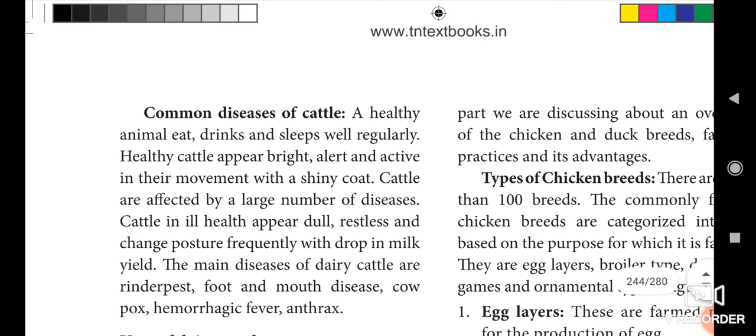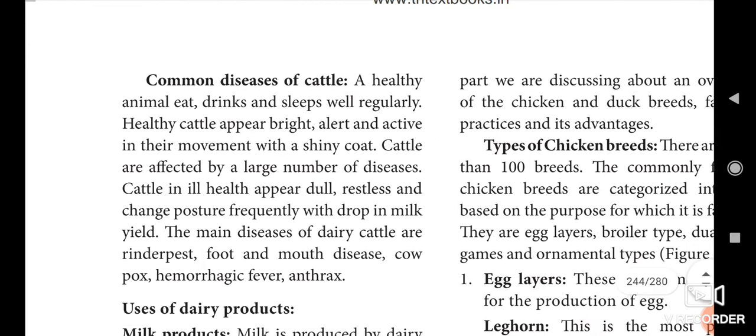Next, what are the common diseases that affect the cattle? A healthy animal eats, drinks and sleeps well regularly like human beings. Healthy cattle appear bright, alert and active in their movement with a shiny coat. Cattle are affected by a large number of diseases.